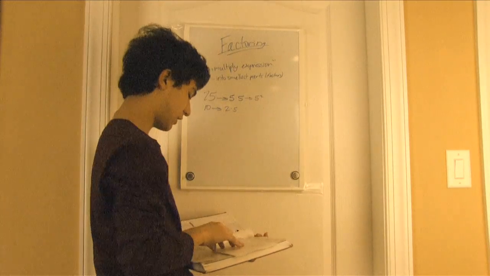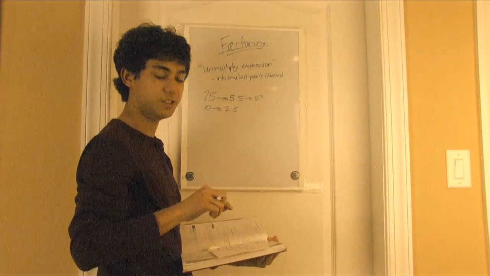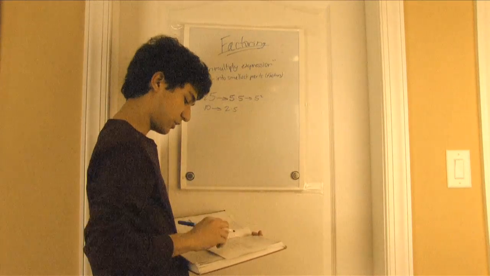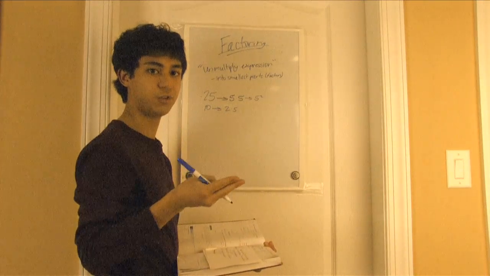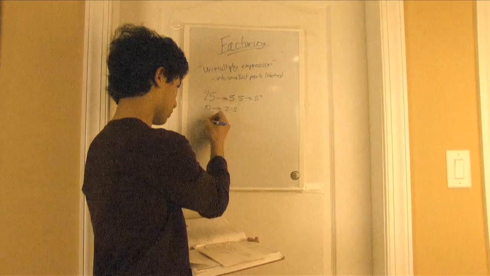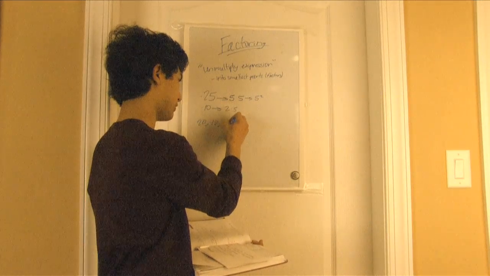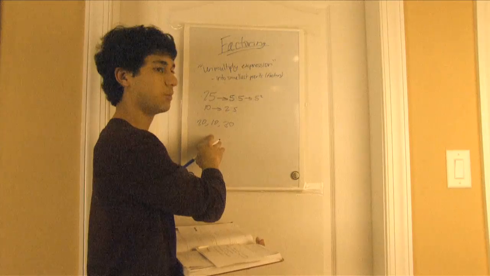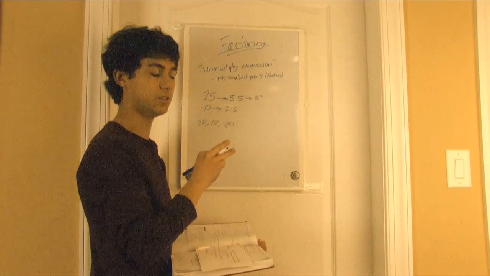Also, another thing in 5.4 is the GCF, which is the greatest common factor. The greatest common factor has 2 or 3 terms, like 20, 10, and 30. What you're trying to do is find the greatest number that divides all 3 of these numbers evenly.